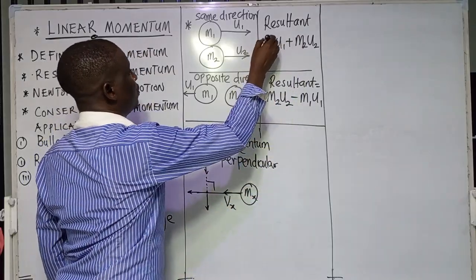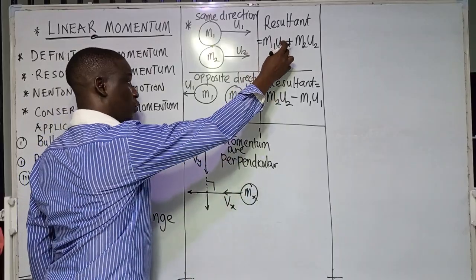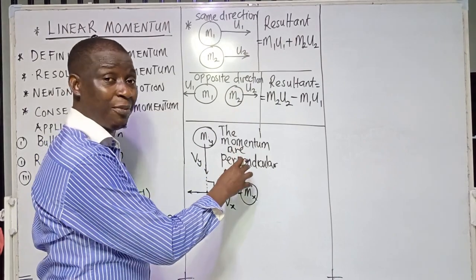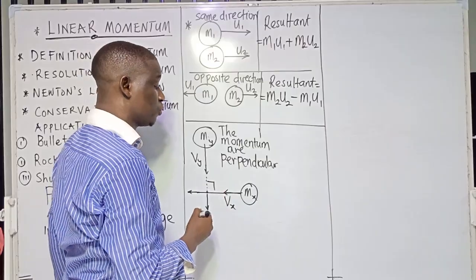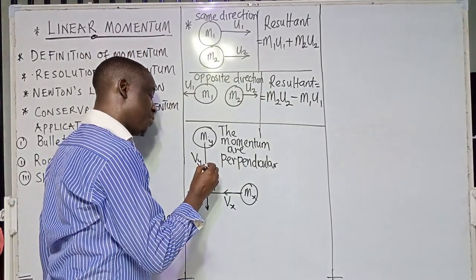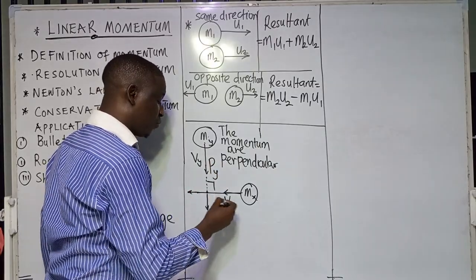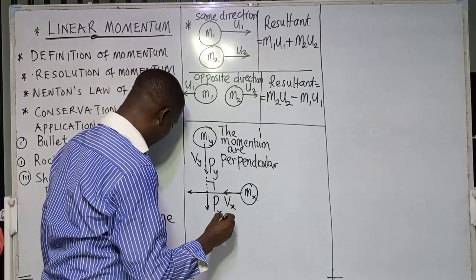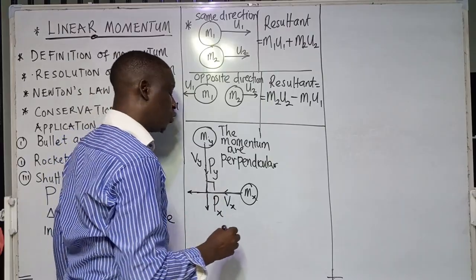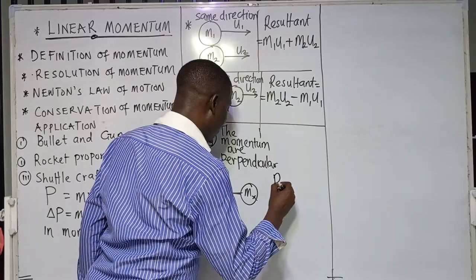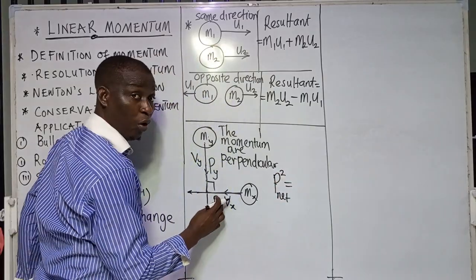This is not the opposite direction, and not the same direction, but they are moving in a way that they are perpendicular to each other. We now use Pythagoras theorem. The momentum along this direction is Px, and along this direction is Py. Now, how do we find the total momentum or the net momentum? The net momentum squared is equal to what?